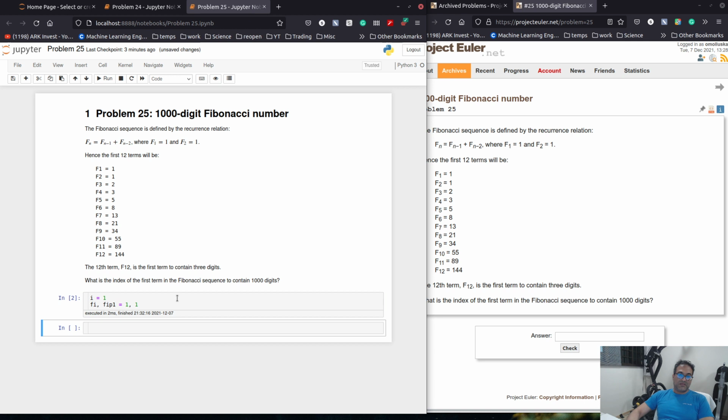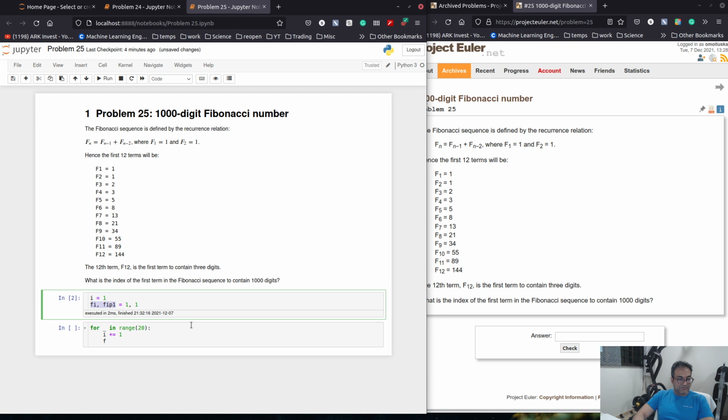So we have i equals 1, and we have the next in the sequence, and for whatever in range 20, i plus equal to 1, F_i, so that stuff.